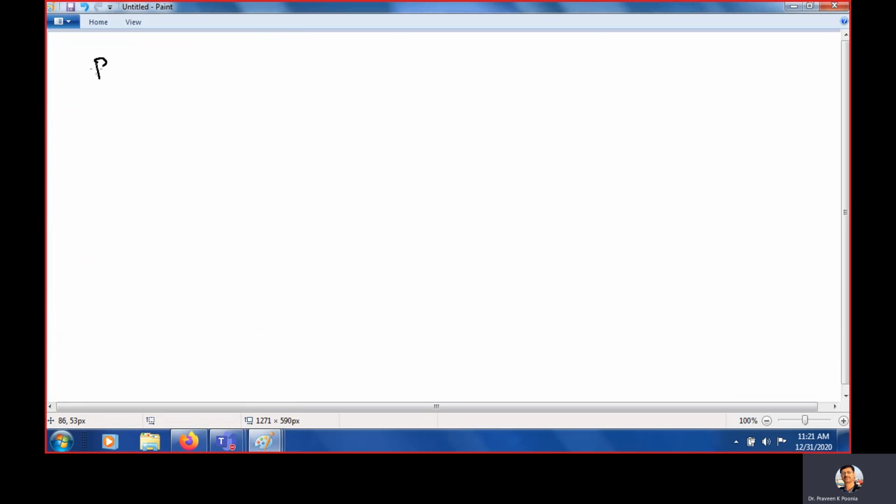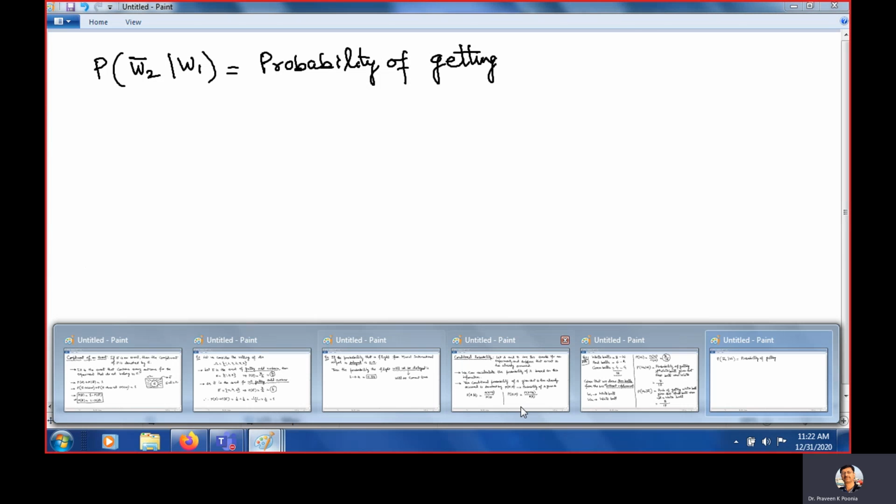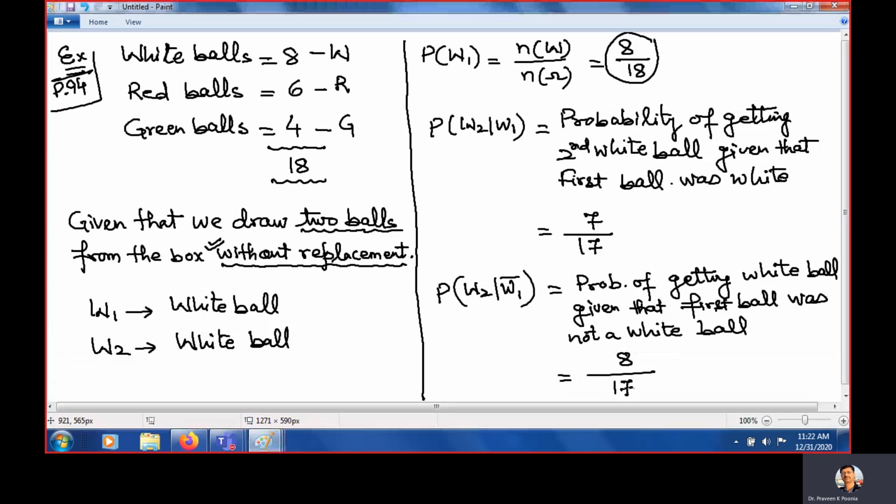As per your book, P of W2 bar given W1. What does this mean? W2 bar means the probability of getting a not-white ball. The meaning of W2 was that it is a white ball.